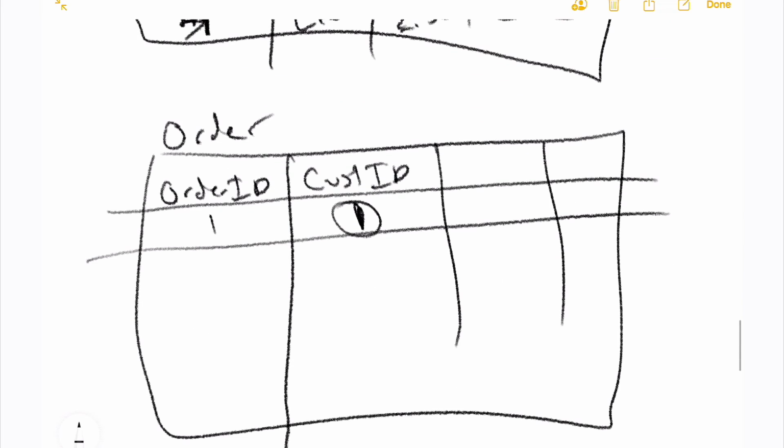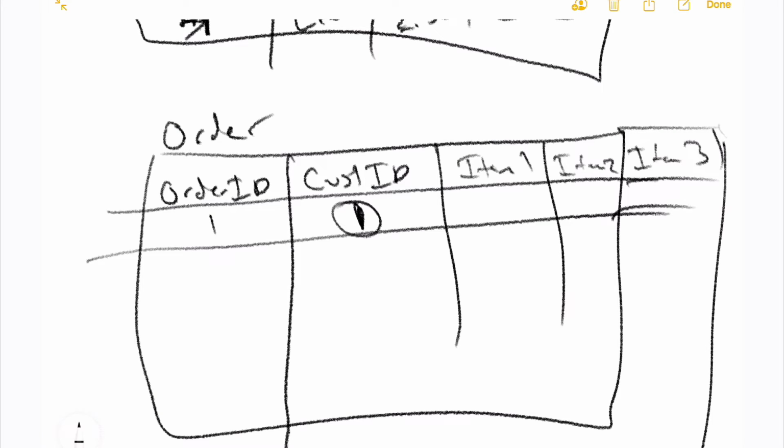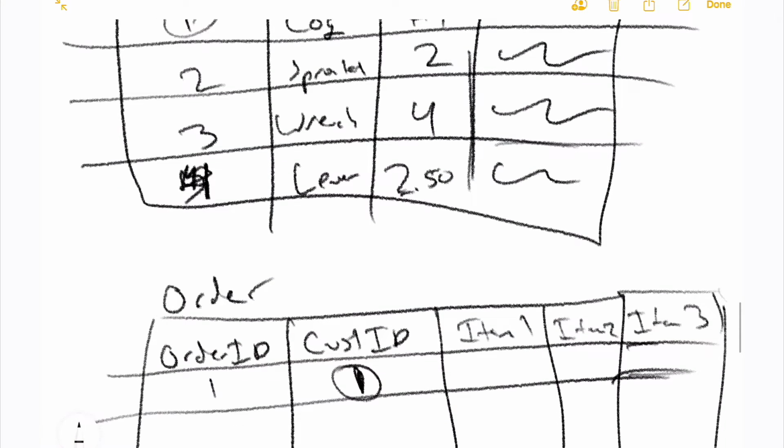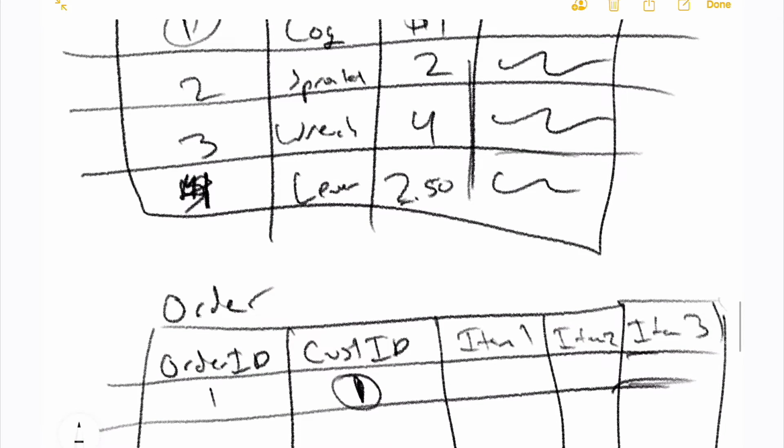And then when you go for the actual order itself, you can say, let's say item 1, item 2, item 3, so on and so forth. There's a better way of doing this. Again, do not design any application off of what I'm showing you today. I'm just trying to give you an idea of how this works. So basically you can say, okay, with this order, the first thing that Sue ordered was a 3.